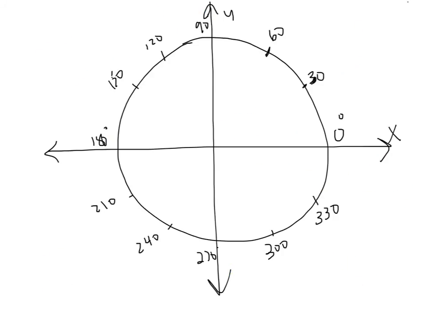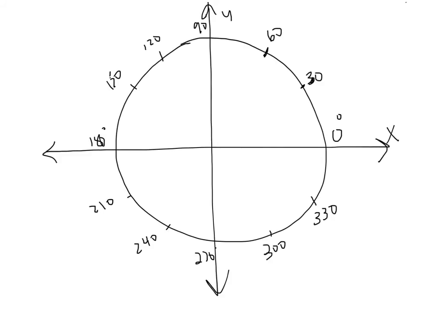Okay, I've redrawn my circle. This time I've put a few extra degrees labeled on here just to make it a little bit easier on you. So I went around the circle and marked it every 30 degrees throughout each of the 4 quadrants. Notice I did not relabel 360 because we typically don't do that. 360 starts over at 0 again.